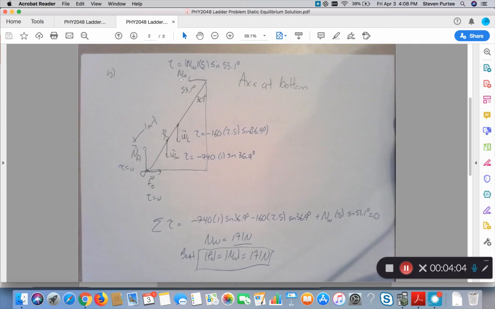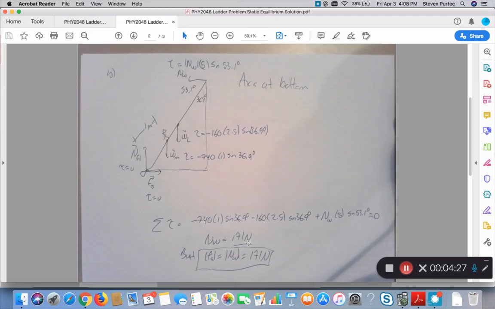This guy up here, his angle is 53 degrees because he points horizontally. So his torque is also positive, by the way. He tries to make us rotate counterclockwise. His torque is the magnitude of that normal force times his distance, 5, times sine of 53. So the sum of those torques must be 0.